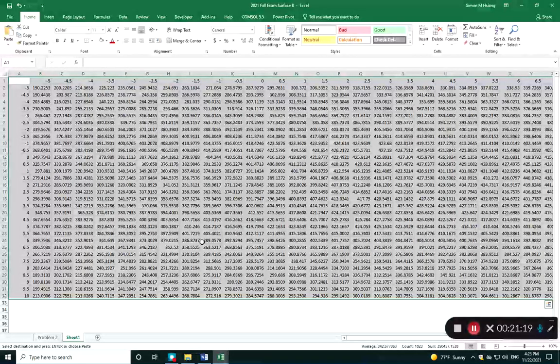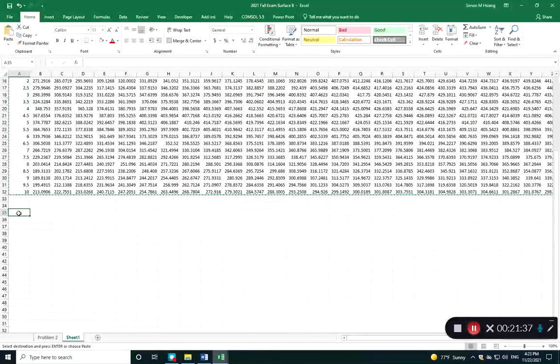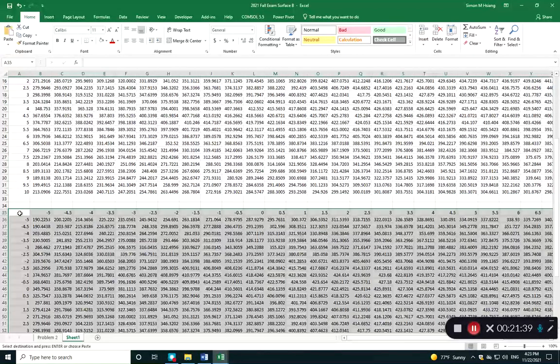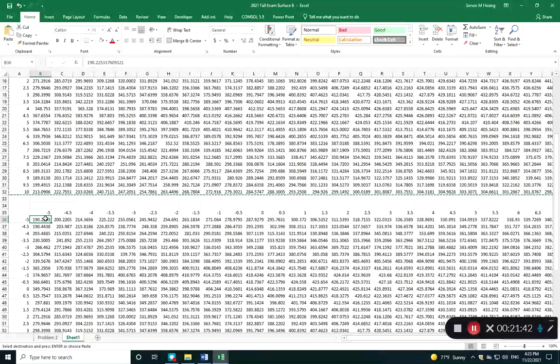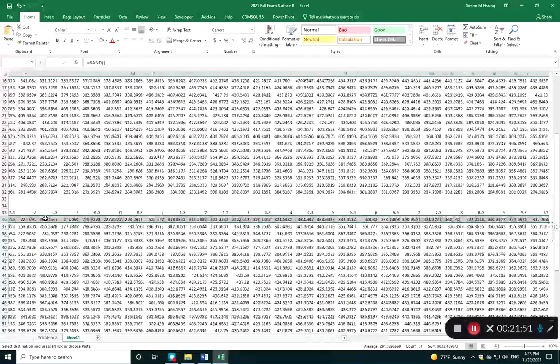Here's the approach I will use. Okay? Let me just say that I started with this huge set, I don't know, thousands of points of experiment. Okay? I'm only going to do this. I'm going to randomize, random sample this.